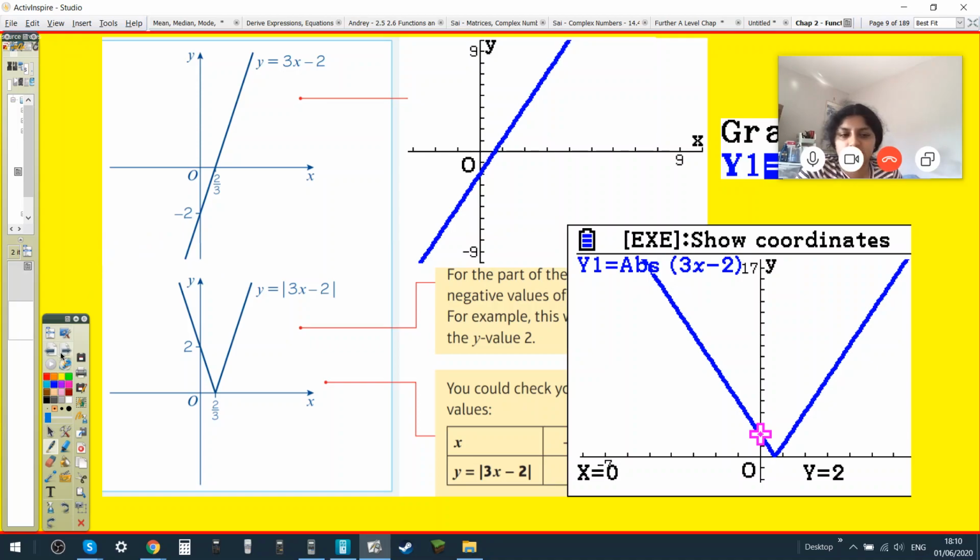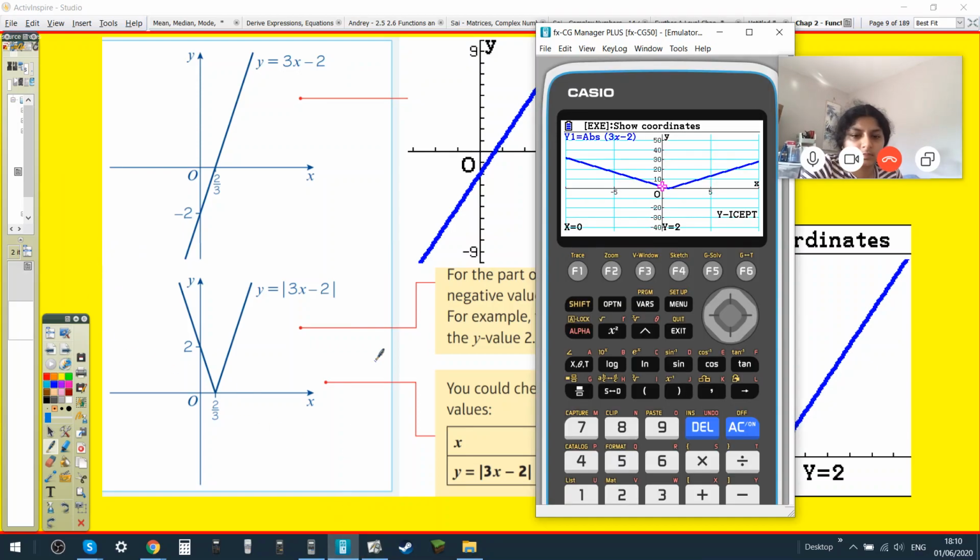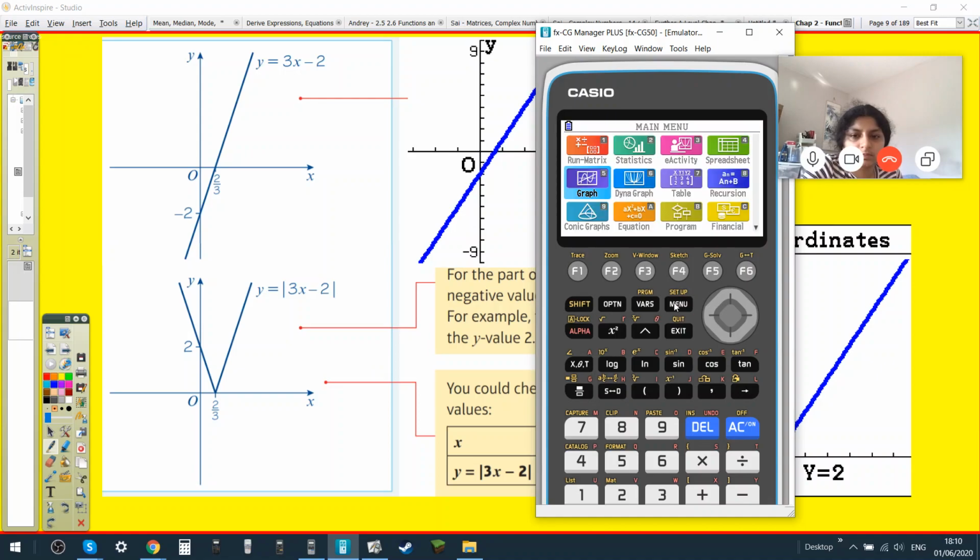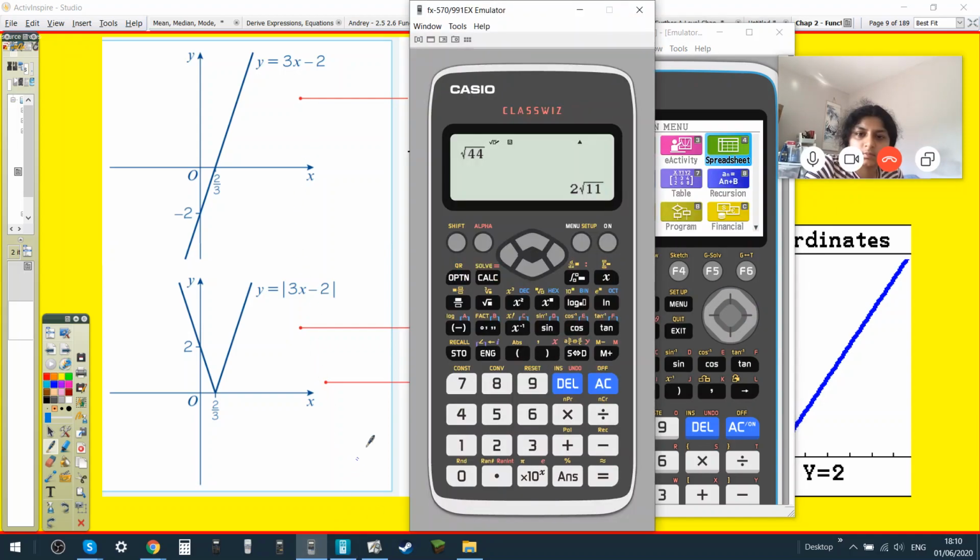No. And I should mention, how do you do table? Table of values with this thing. I know how to do it in the simple one. I'll just do a simple calculator. Menu table is 9, is it?